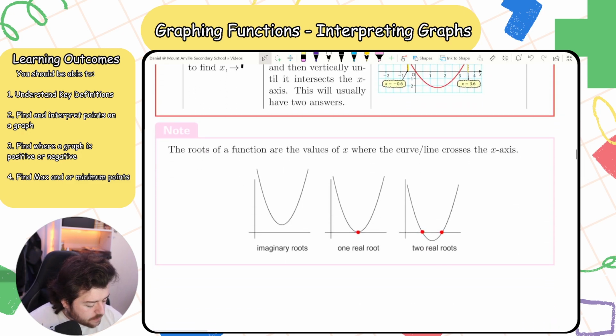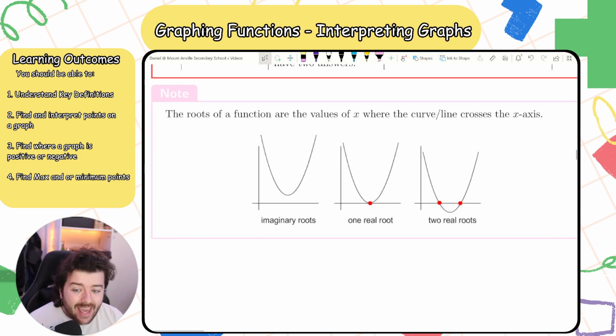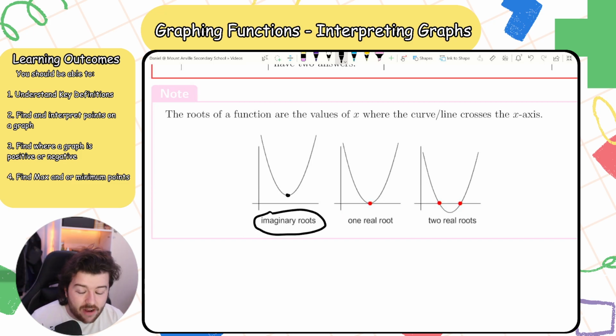Right. Other things to note: the nature of roots of a graph. If a function does not cross the x-axis and it has a turning point here, so this is actually known as a turning point, it's the point where the graph is going down and then it turns here and goes up, but we'll get into that in a second. If it has a turning point and it hasn't crossed the x-axis, it has imaginary roots.